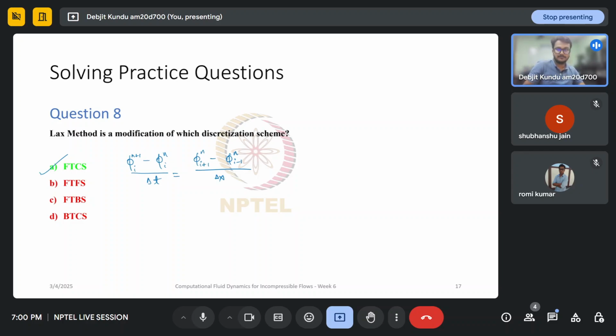So as it turns out, this has some stability issues. So to fix that, we modify this term. So instead of using phi i n, we take an average of its two neighbors. So we take the sum of phi i plus 1 and phi i minus 1 at n and then divide that by half. And everything else remains the same.